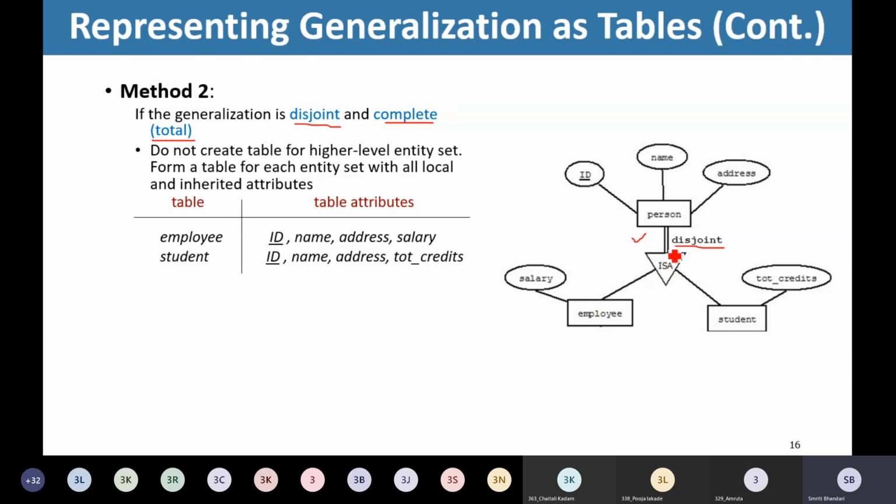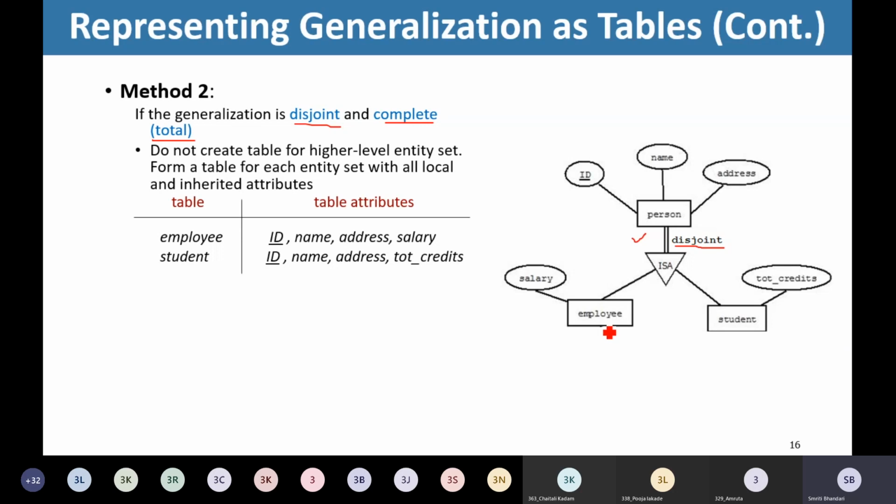Yes. So if I have total specialization or total generalization, then every higher level entity must be a member of at least one lower level entity set.